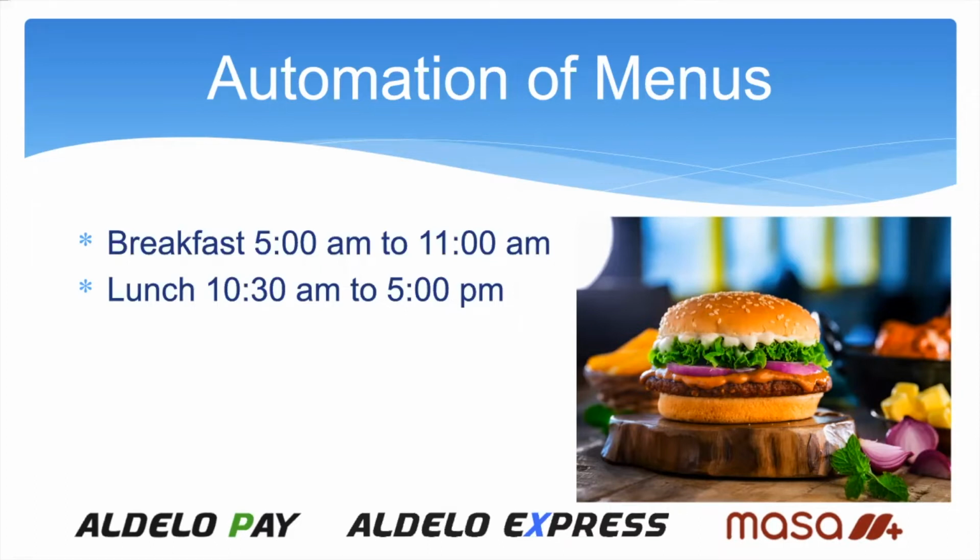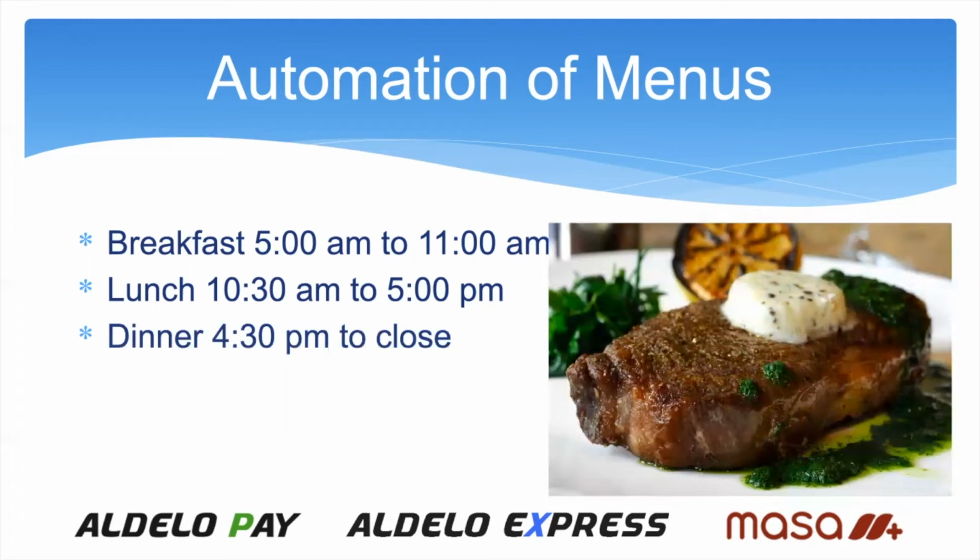So in this instance, what I'm showing here, it gives them a 30-minute overlap between the time that they're serving breakfast and taking that down and bringing out the lunch items to the serving and prep areas. So that's why you have this overlap. And let's say it goes to 5. And then at 4:30, we bring out dinner. And we do the same thing. We reset the kitchen.